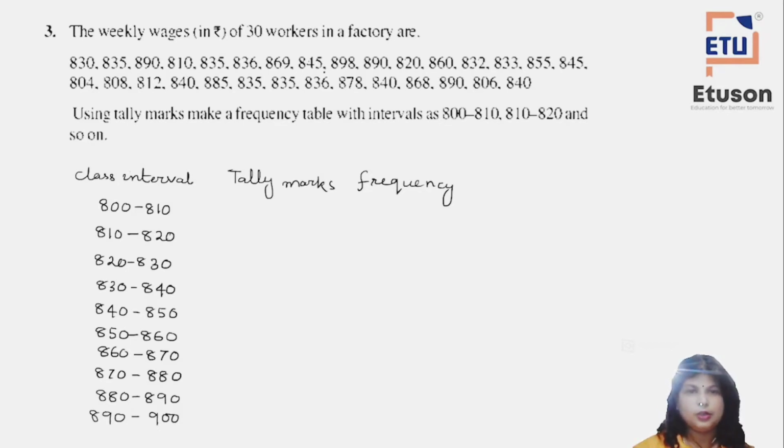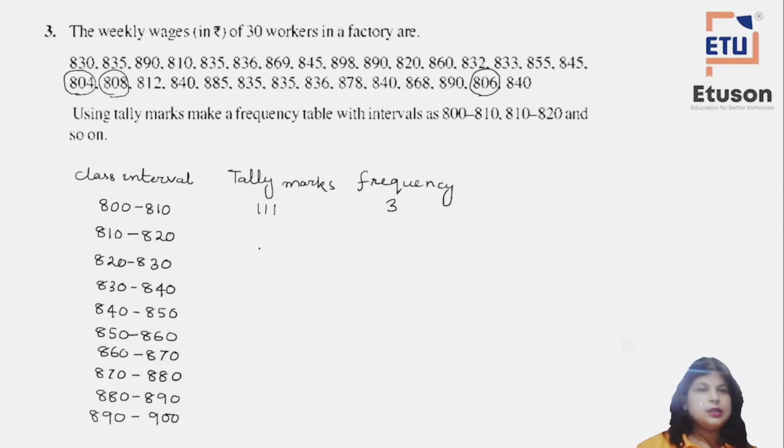So this cannot be taken. So you have 804 here, 808 here. Anything else? You have 806 here. So the frequency is 3 and the corresponding tally mark is 3 lines.